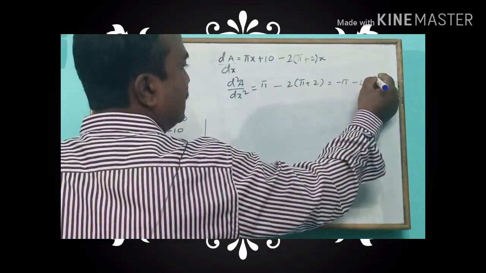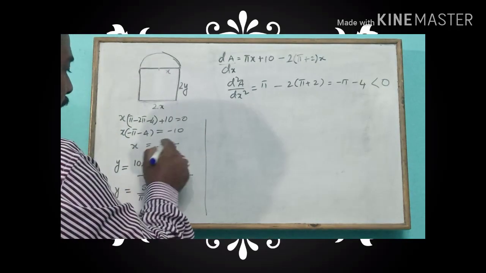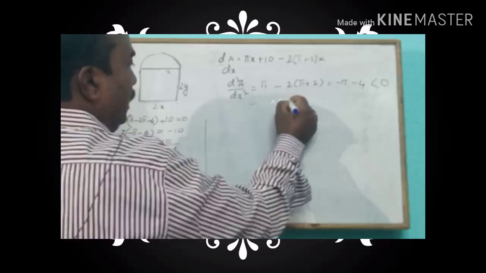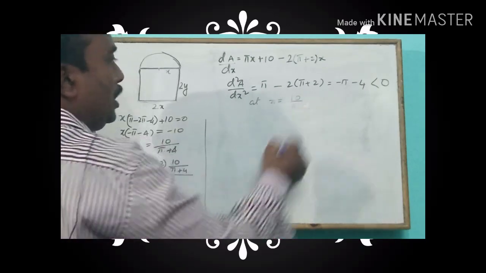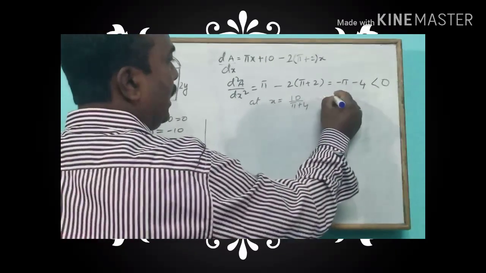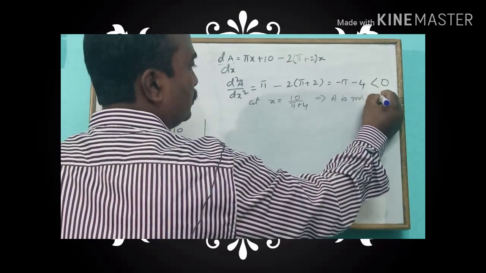So this is obviously negative for any of the values, at x equal to 10 by (pi plus 4). So negative means maximum. So A is maximum.